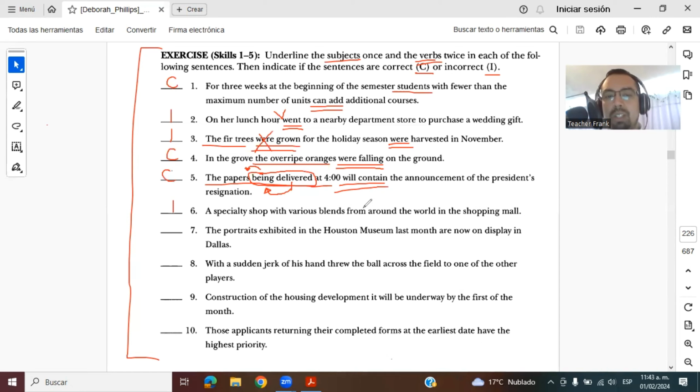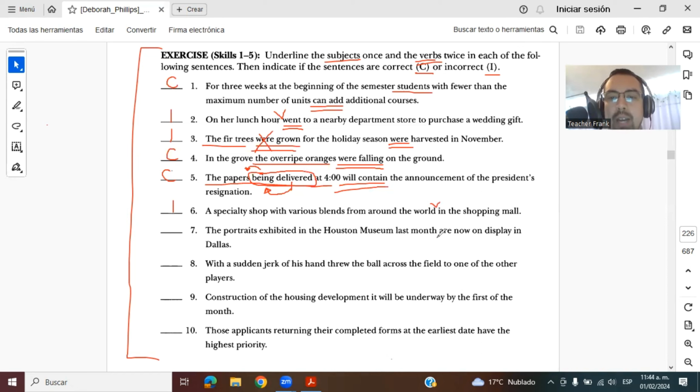It could be a specialty shop with various blends from around the world opened up or is in the shopping mall, right? Some type of action. But these are just a bunch of nouns. We don't know what action is happening or what is happening, so it's incorrect. Yeah, missing verb.